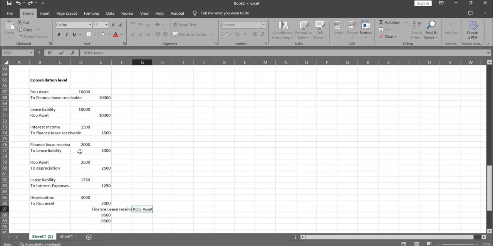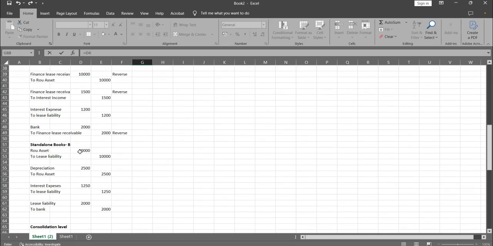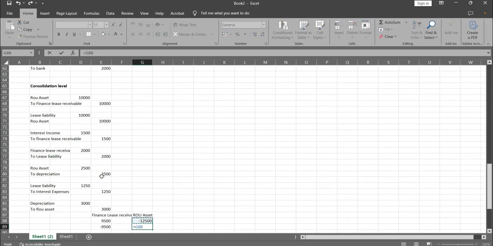ROU asset, if I see ROU asset coming from entity A books is negative this. Actually, it's not negative this because ROU asset is de-recognized. So we have nullified this ROU asset. And from entity B, this is the ROU asset coming over here. And at consolidation level, we have brought back this ROU asset minus we have reversed this ROU asset, this plus this plus this minus this.